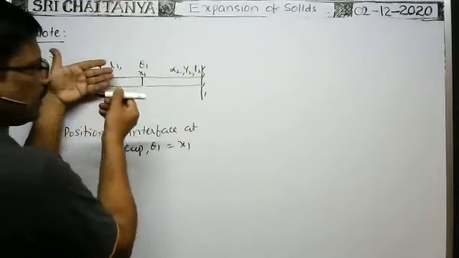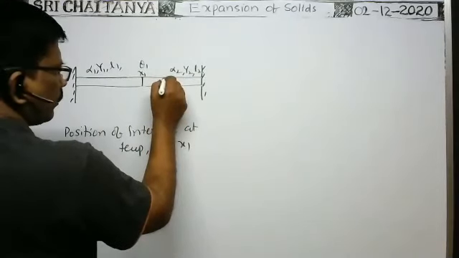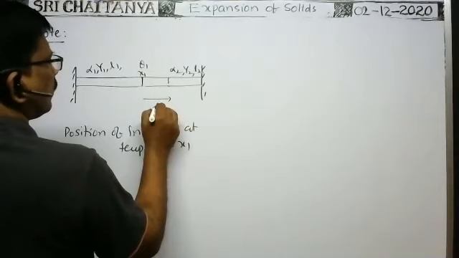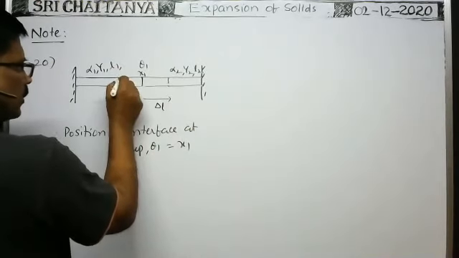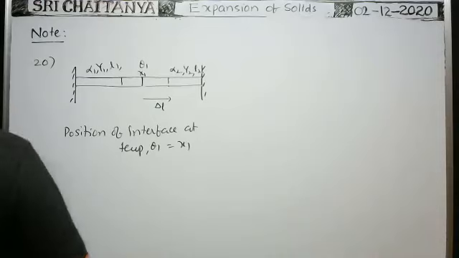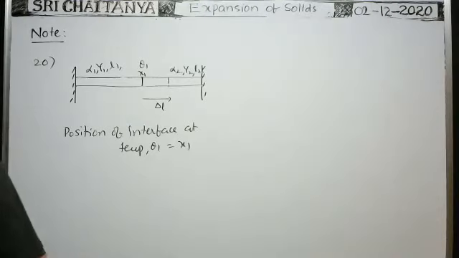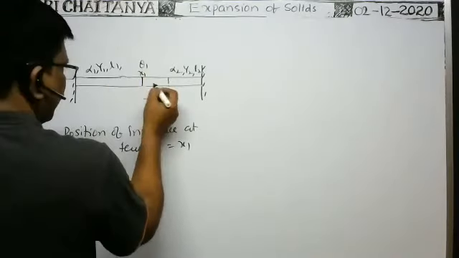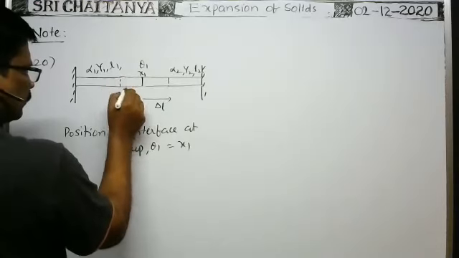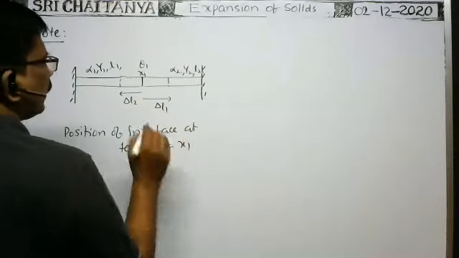Then this rod expands in this direction up to this, which is the increase in length of the first rod, and the other rod expands in this direction, which is the increase in length of the second rod. When the expansion of the rods is not prevented by joining here, this is delta L2 and here it is delta L1.